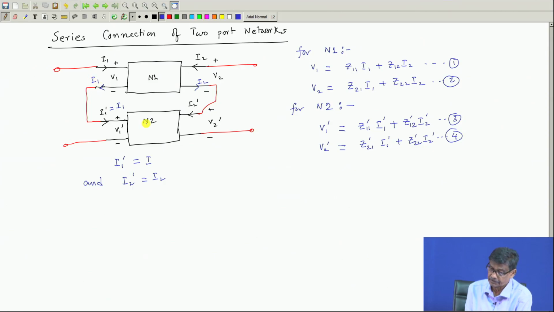So, these two currents must be the same. If that be the case, then V1 dashed is equal to this, 3 and 4. I am rewriting after knowing this.